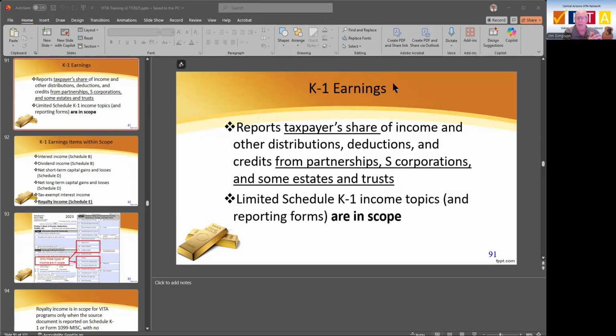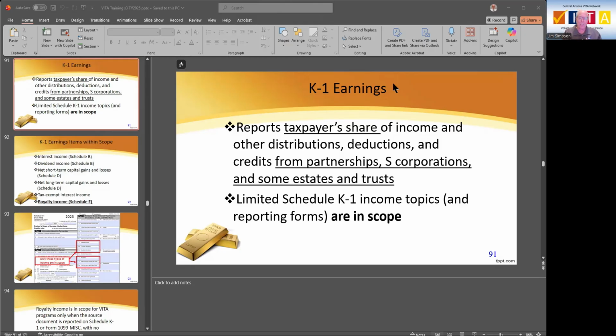What they do is they pass through the items of income, such as profits from a business or interest and dividends or capital gains. They pass those through to the owners of the entity or the beneficiaries of the entity. For instance, a partnership could have 100 partners in it, all that own a percentage of the partnership. And then they have to represent their percentage of the items of income on their own individual tax return.